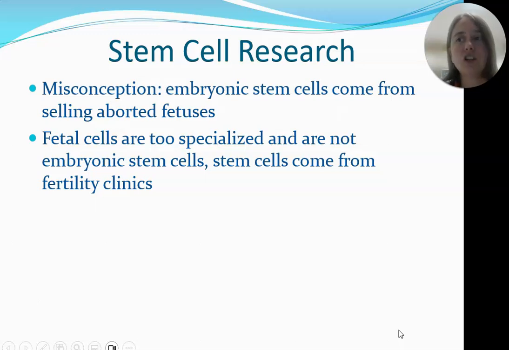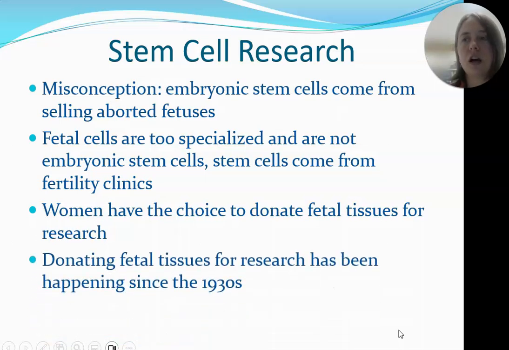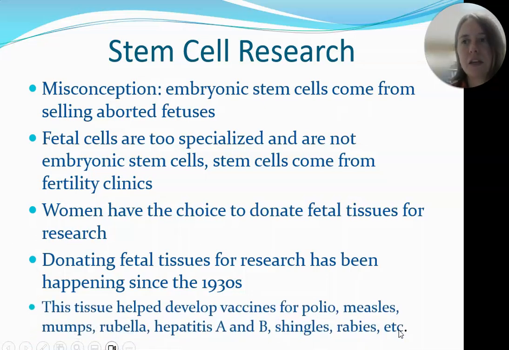If you have had your children and you're done with your embryos, then you can either donate them or have them destroyed. So again, women have the choice to donate fetal tissue for research. You can't sell it. And that has been going on since the 30s. Some things that have come out of this are vaccines for polio, measles, mumps, rubella, hepatitis A, hepatitis B, shingles, rabies. All of these vaccines have come from research on fetal tissue.